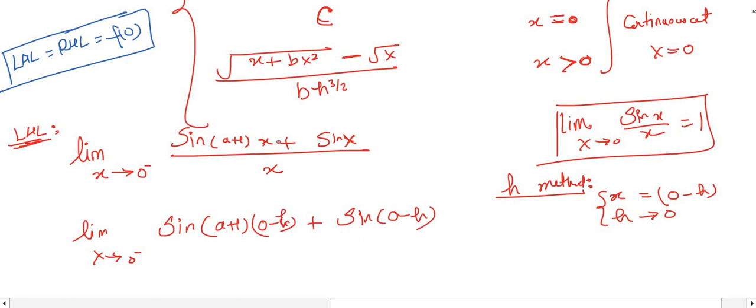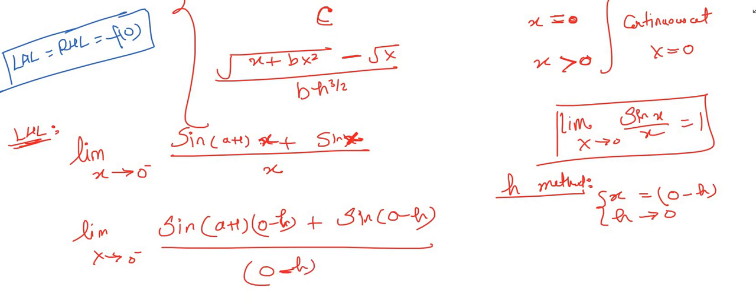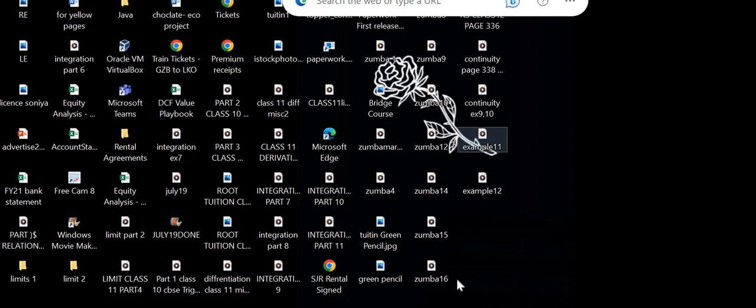See here, this x and this x I am replacing by 0 minus h, and the limit is tending to 0, correct? That is how we solve. The limit changes and x is replaced by 0 minus h everywhere, okay?